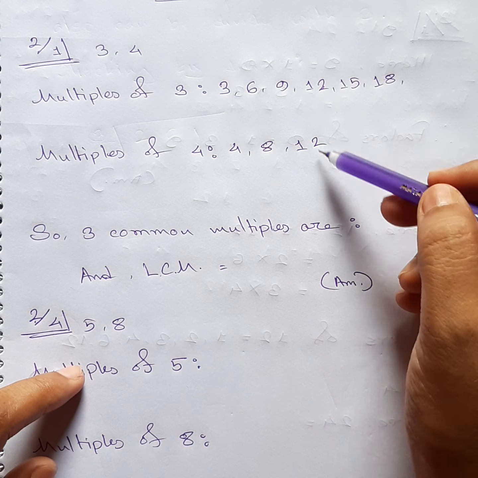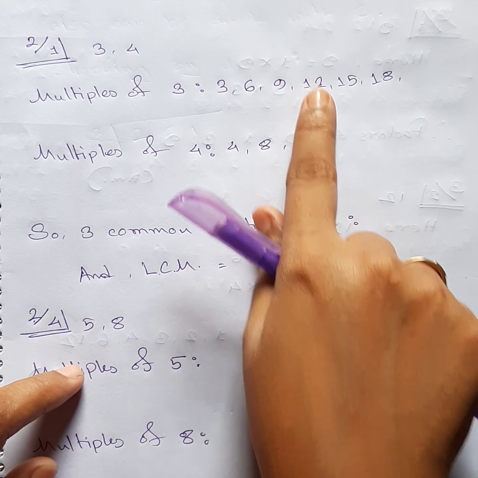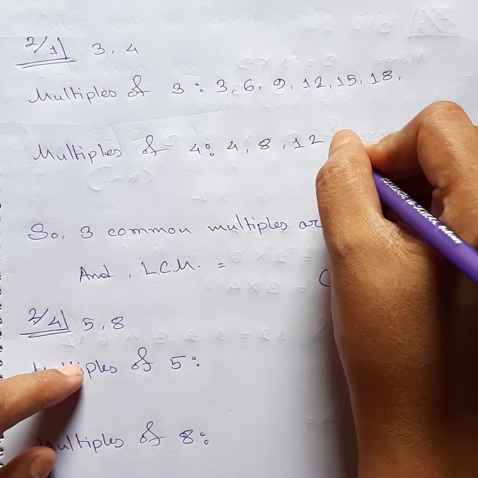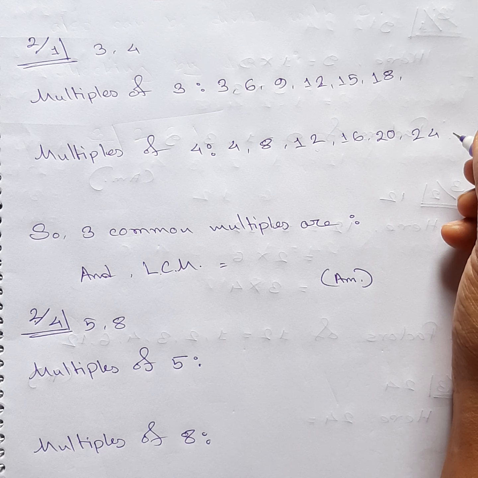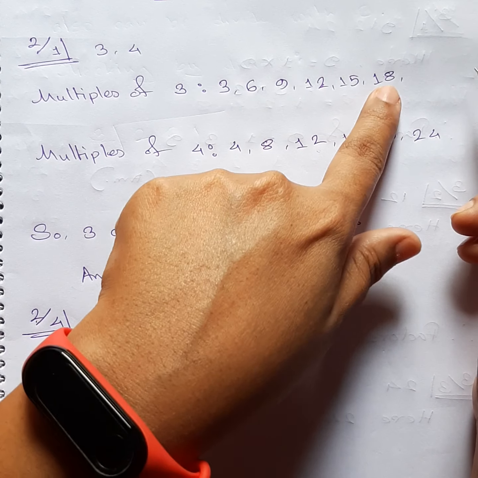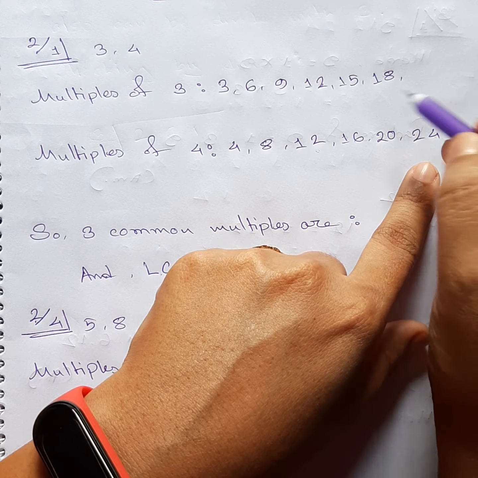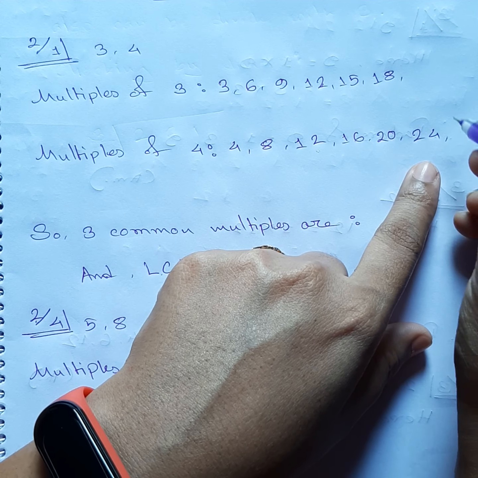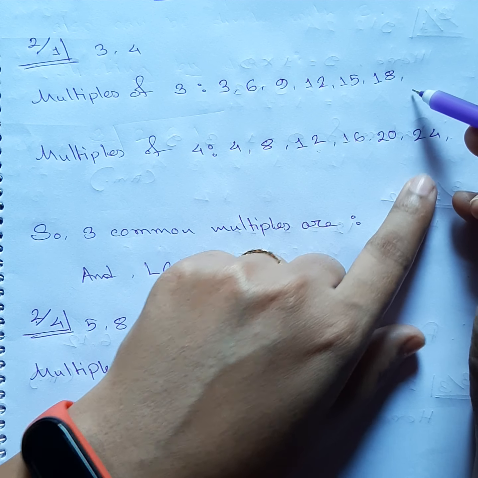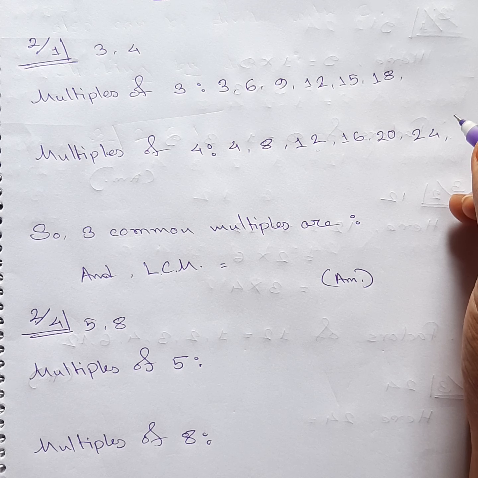Now you can see that we are having 1 common multiple over here. Let me write down 3 more for the number 4. You can see here more 6, and here 6, 3 and 3. I have written down 3 by 3 as I said, and till now we have only 1 common multiple.